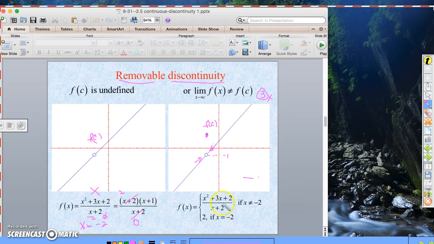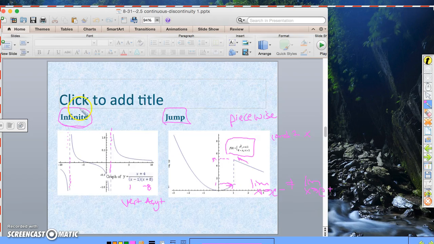Or in this case, where you have the same condition here, but you have a point f of c, when you plug in c to your function, it does not close the gap of your limits, and therefore you fail condition 3, and those are called removable discontinuity. Then you have what's called the infinite case, where you cannot have a denominator that is equal to 0. So in this case, x cannot be 1 or negative 8, and therefore it's undefined, so you have vertical asymptotes that you cannot cross.